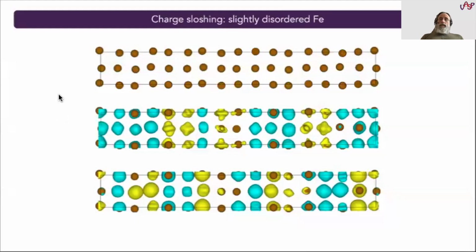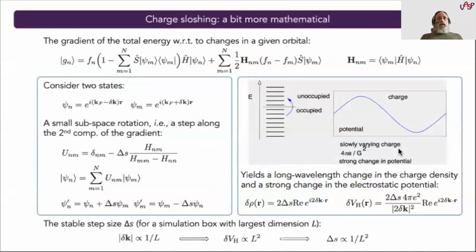In fact, this particular calculation, this disordered iron in a fairly large cell, will never converge with the conjugate gradient method due to this charge sloshing. So a more mathematical description of this we'll go through here.